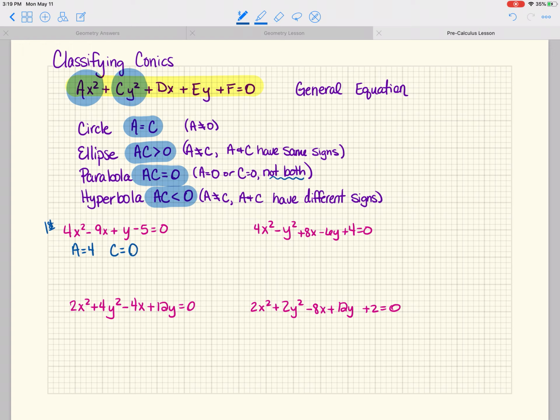If one of them is 0, that means you have a parabola. Let's look at the second example. My x squared coefficient is 1, my y squared coefficient is negative 1. Because they have different signs, that's going to be a hyperbola.